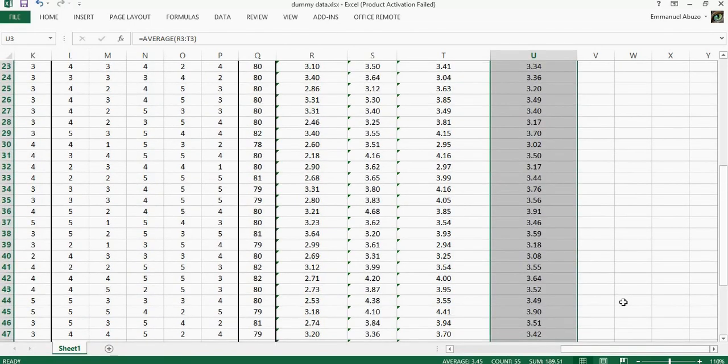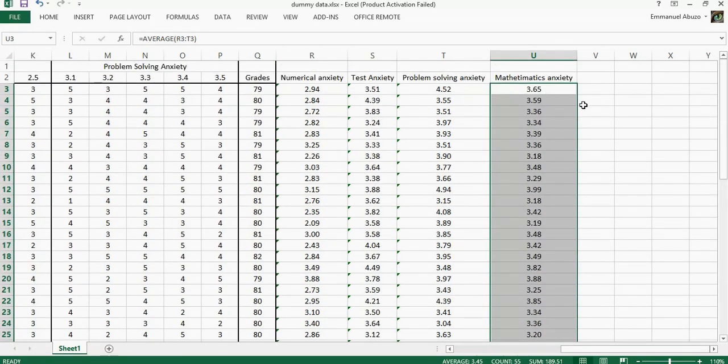So this would be the mathematics anxiety of my respondents, taken from the average of the numerical anxiety, test anxiety, and problem-solving anxiety.